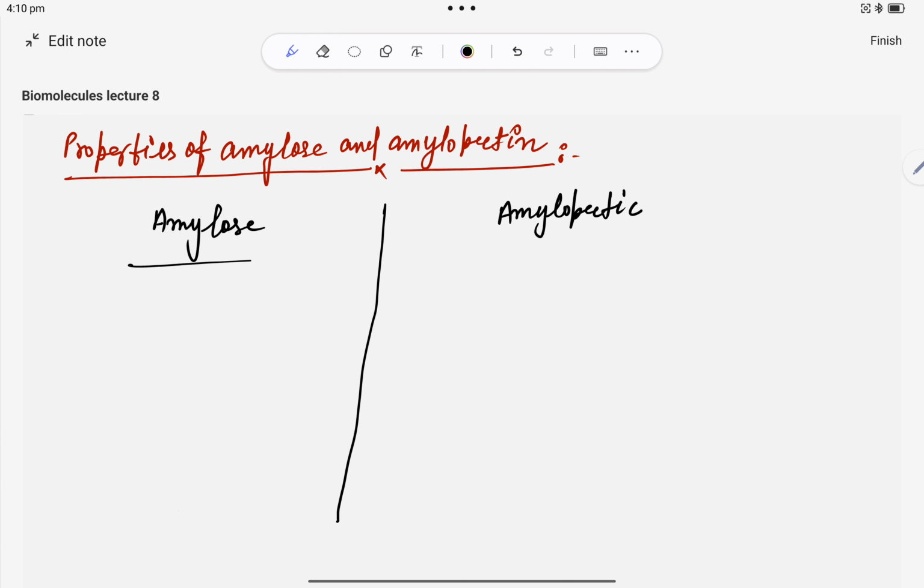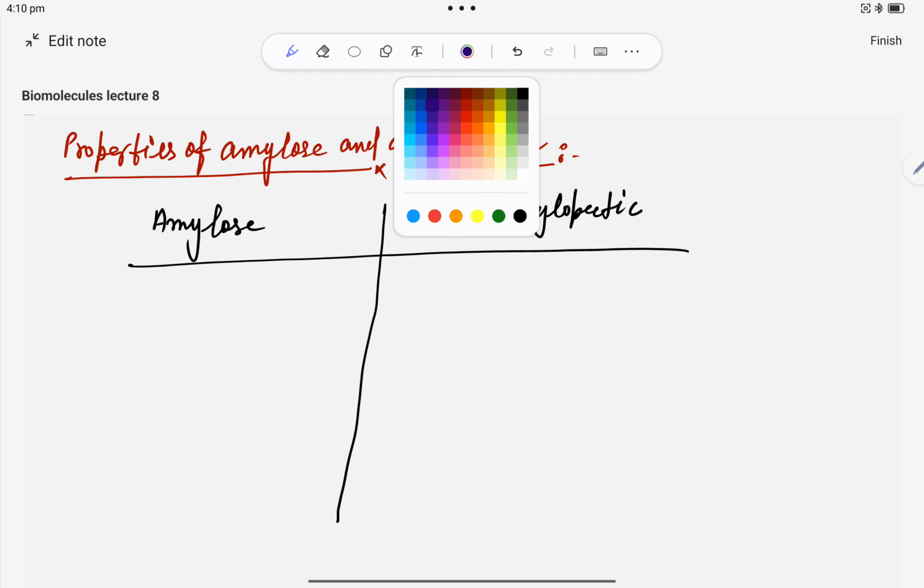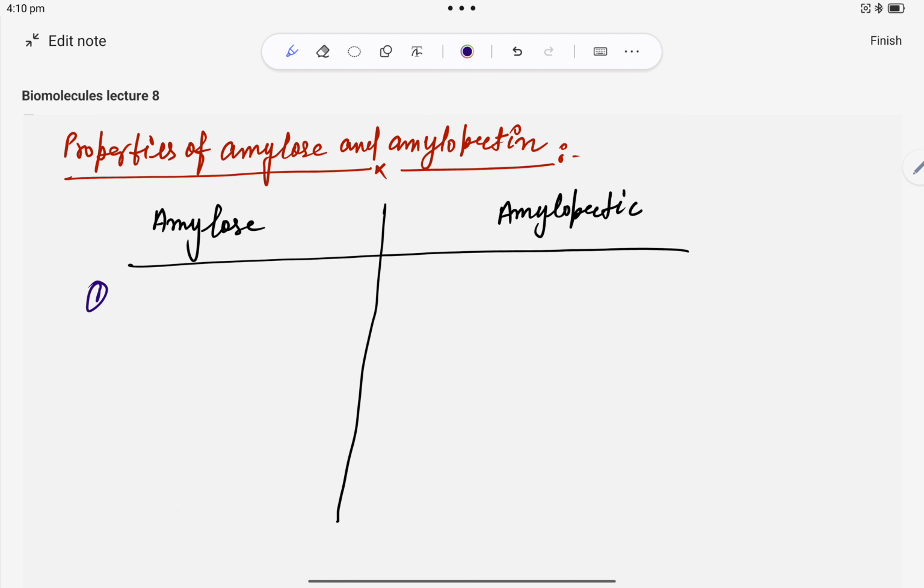A few points I am going to write. You have to focus. Point number 1, straight chain structure. Amylose has a straight chain structure and amylopectin has a branched chain structure.